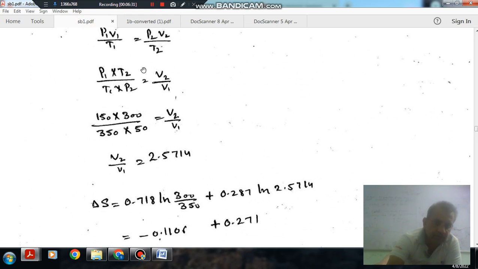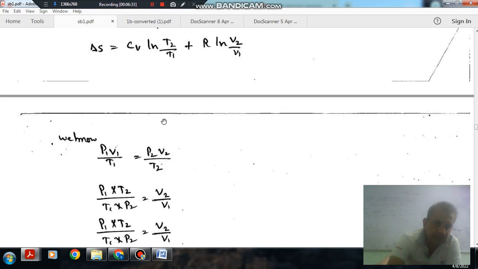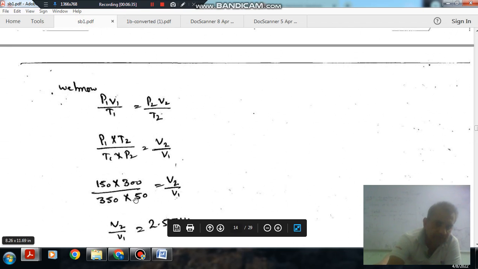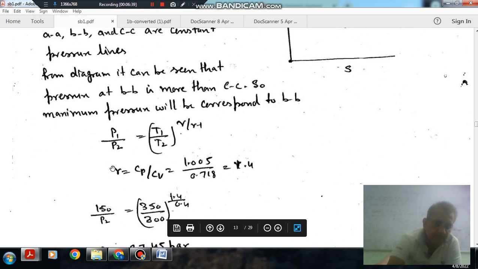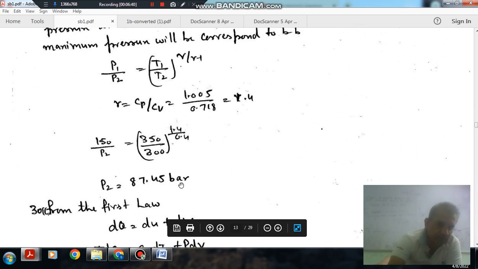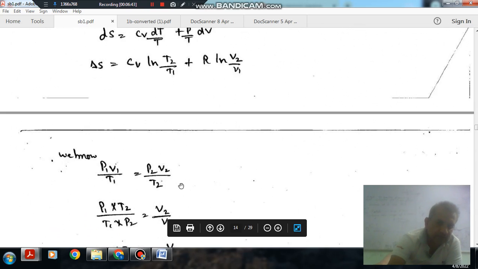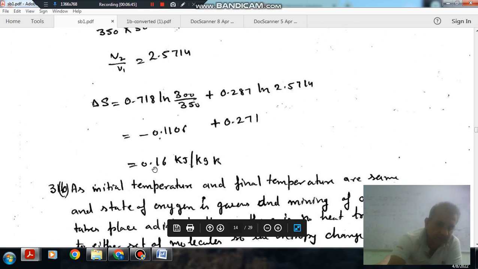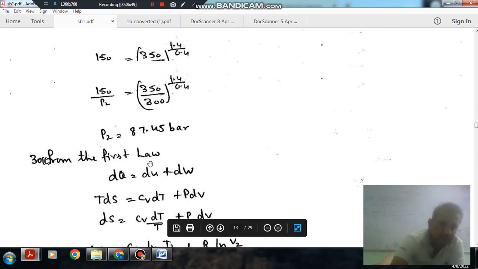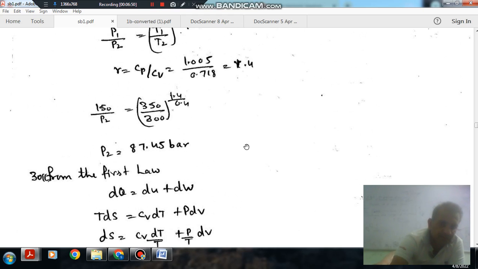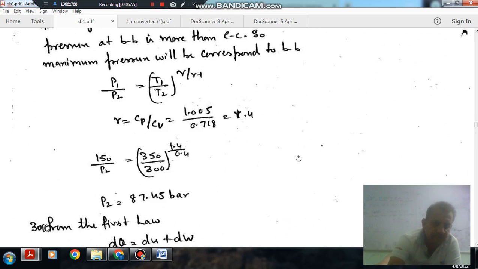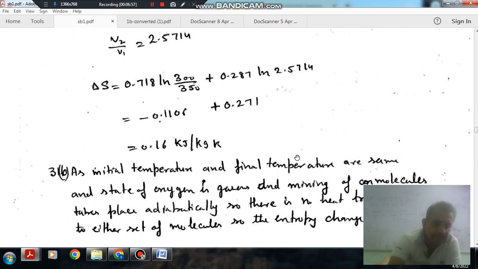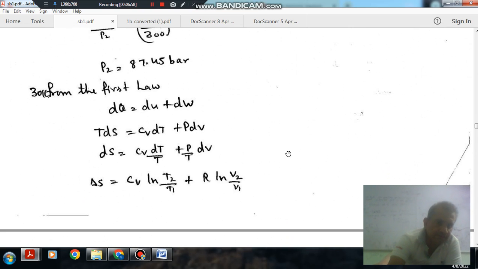Here the pressure is 50 kPa and the isentropic pressure comes out as 87.45 kPa, so that's why there is an increase in entropy. If we take this 87.45, then there will be no increase in entropy. So the answer is option C.